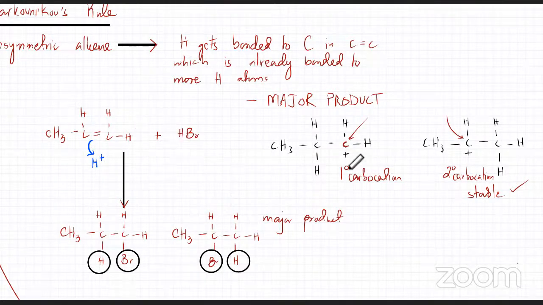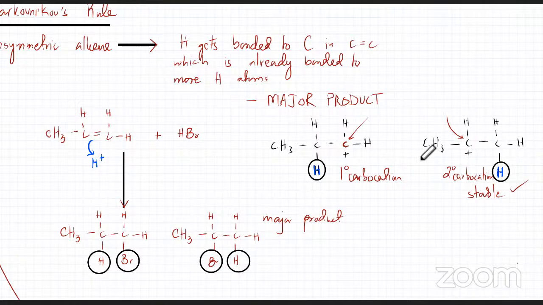Now that H could bond with the carbon on the left side, so you're going to get this carbocation, or it could bond with the carbon on the right side, so you're going to get this carbocation. Let me make a circle around it. So you add this H that was coming in, and that H could bond with the carbon on the left side of the double bond or on the right side, and you will get carbocations. The Br minus would then come in and bond with the other carbon.